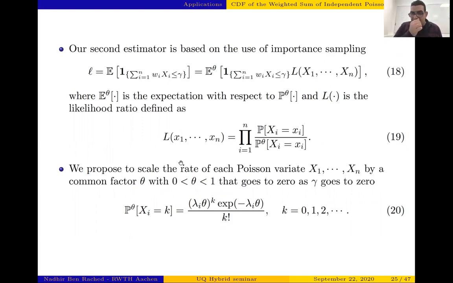The idea here is to propose a new measure given by scaling the rate of each Poisson random variable X1 to Xn by a common factor theta, with theta between 0 and 1, and it goes to 0 as gamma goes to 0. It means that the new probability mass function is given by the Poisson PMF with rate lambda i times theta.